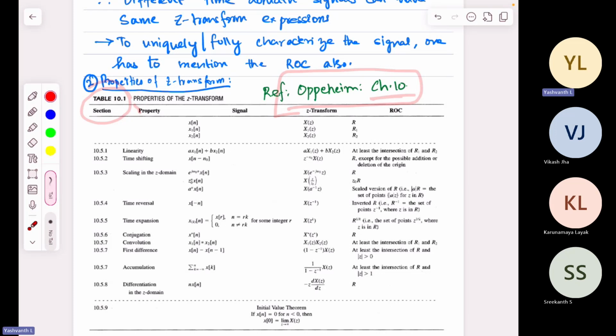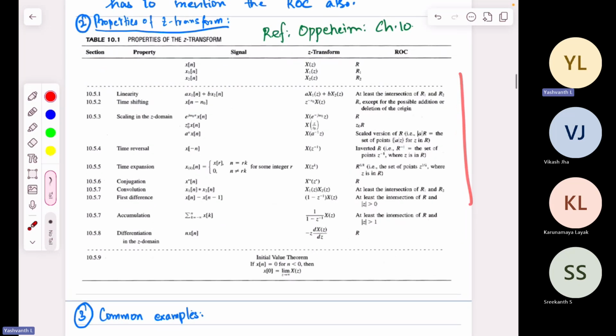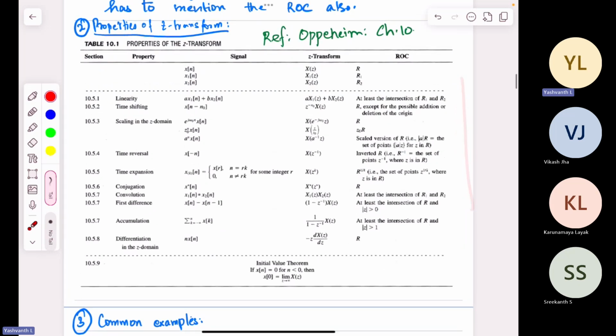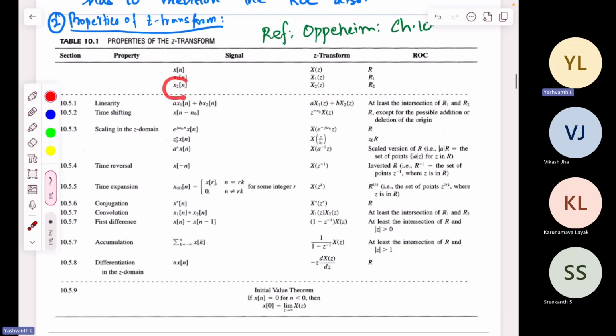I've just copy pasted a small picture of it here. Let's just understand. Let x of n be one signal whose z transform is x of z. Let x1 of n be another discrete time signal with z transform x1 of z, and x2 of n be another discrete time signal with z transform x2 of z.